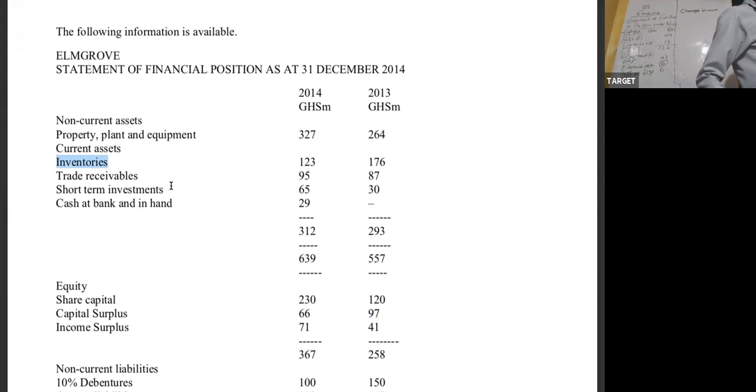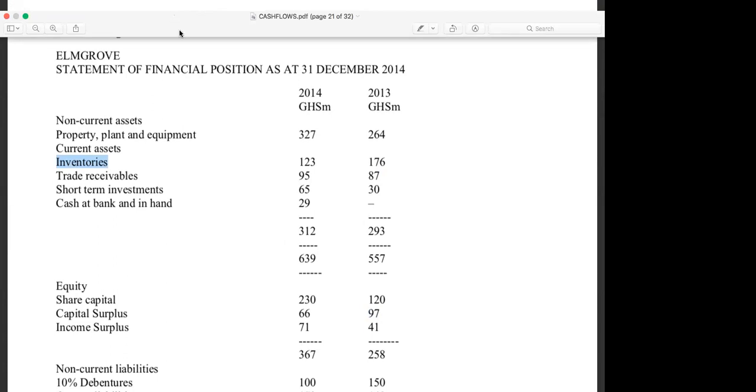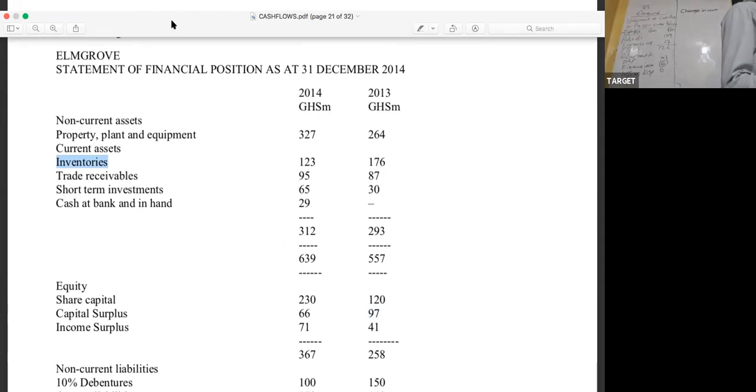Is that inflow or outflow? Inflow. It is inflow because we have disposed of some of the goods, so we have actually received money.